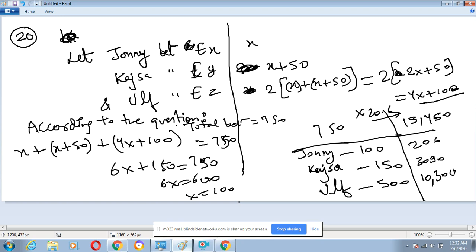Now the question says how do you divide it for 15,450? From 750 to 15,450, I divide 15,450 by 750 and get 20.6. It means that I have to multiply everything by 20.6. Understood?